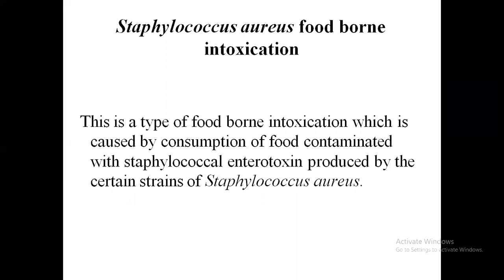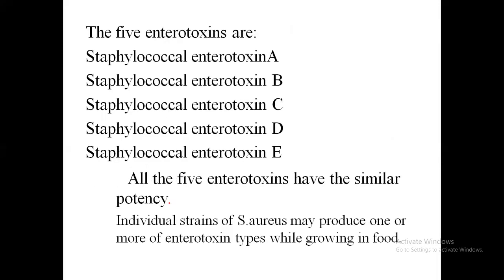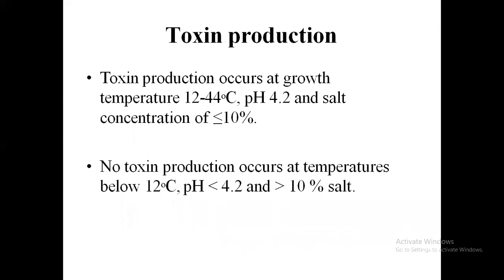Staphylococcus aureus contaminates food and certain types produce enterotoxins. There are 5 types of enterotoxins: A, B, C, D, E. These enterotoxins are released by these microorganisms and cause toxicity. Individual strains may produce one or more enterotoxin types while growing in food.